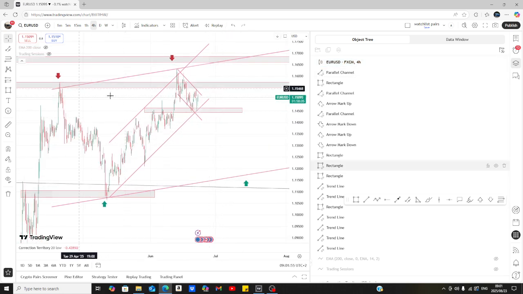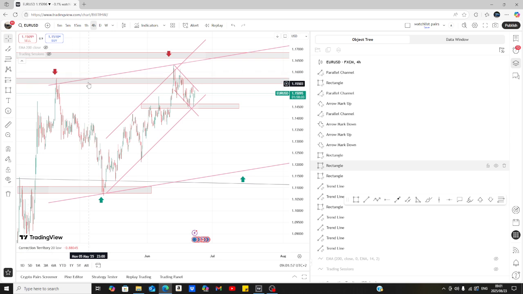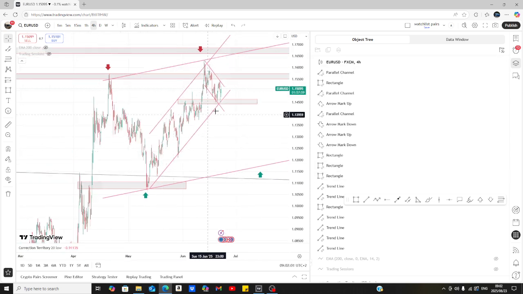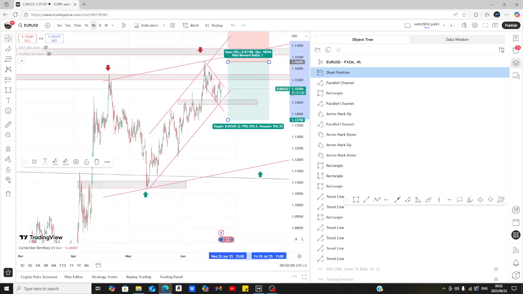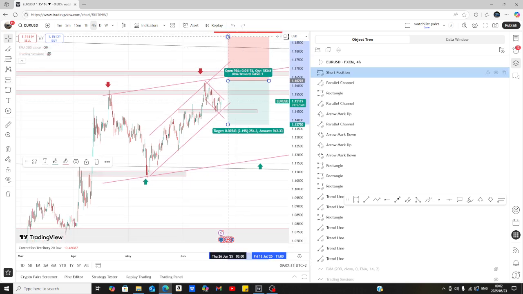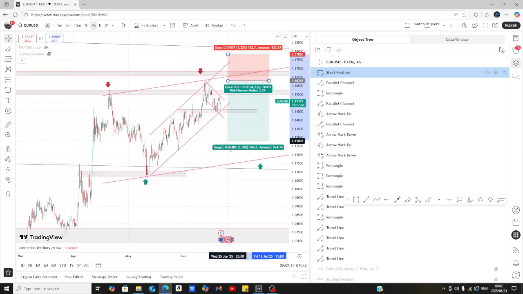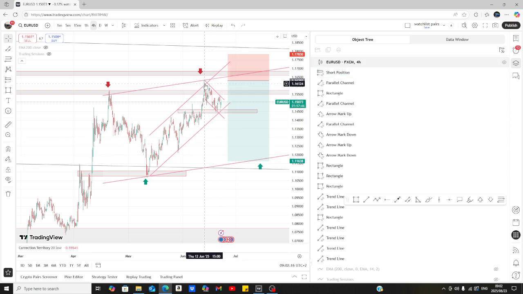I know that price must correct, and price does not correct with 3 swing points. We need a minimum of 4 touches, and that is why I will be aiming for that 4th touch. If we can get some sort of confluence or even a double top at the zone, I will then enter a short trade and hold all the way to the 4th swing point.